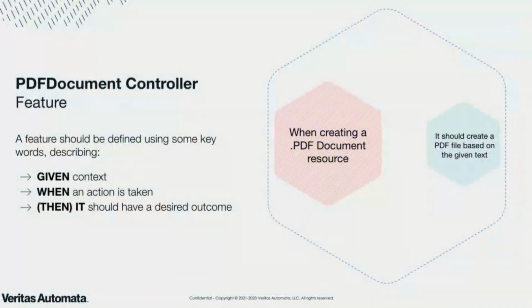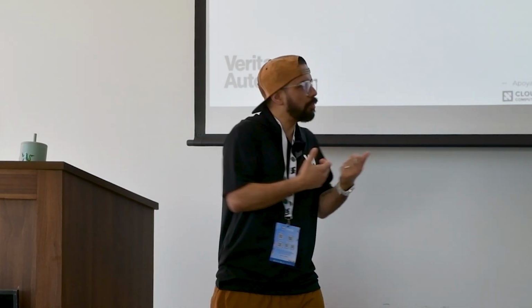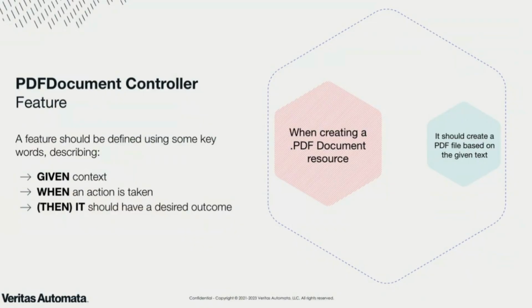Now, if you move forward to the next one, what we're going to be creating is a feature, really, which is the PDF document controller. For this feature, you can see a couple of things. For instance, we have a Given, which is: when creating a PDF document resource.